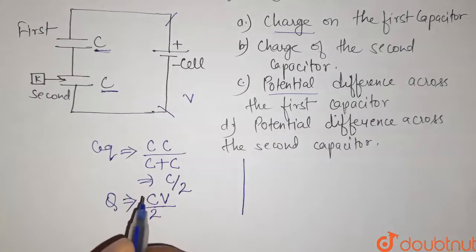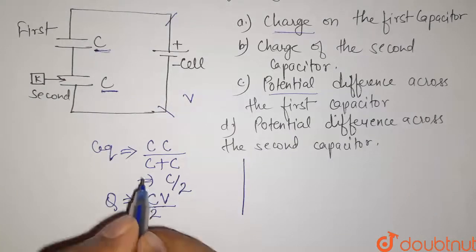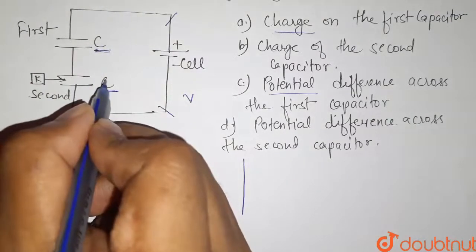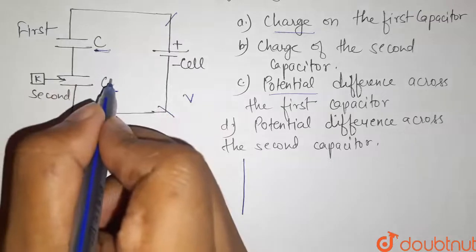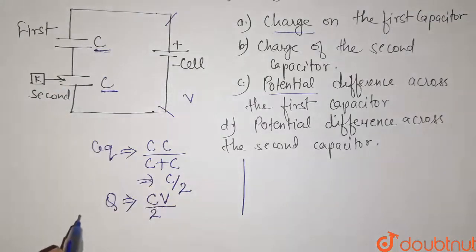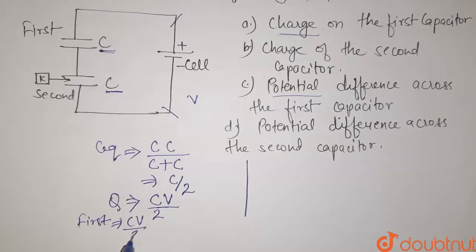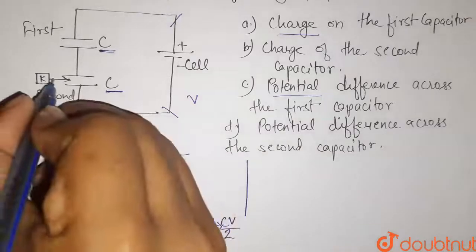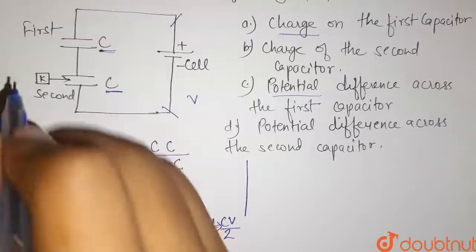In series, both capacitors have the same charge, equal to the charge on the equivalent. That means the charge on the first capacitor is CV divided by 2, and on the second capacitor it is also CV divided by 2.